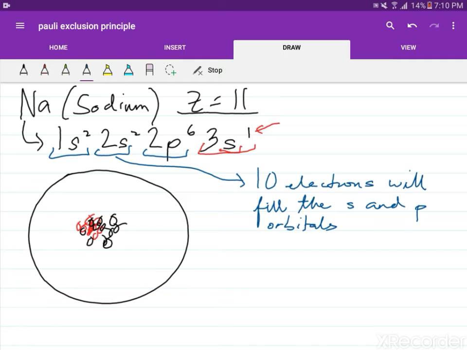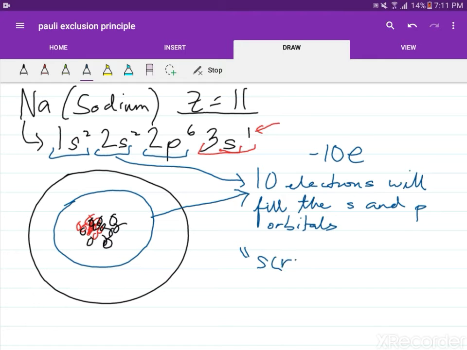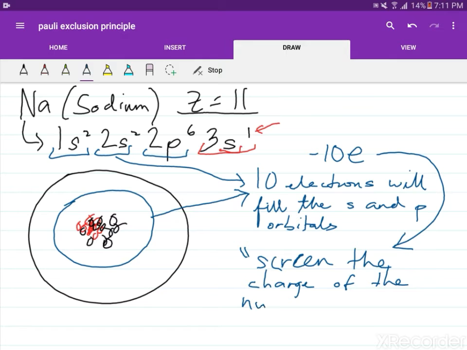So in our picture of the central field approximation, you can think of these 10 electrons, having a charge of minus 10e, as actually screening the charge of the nucleus.